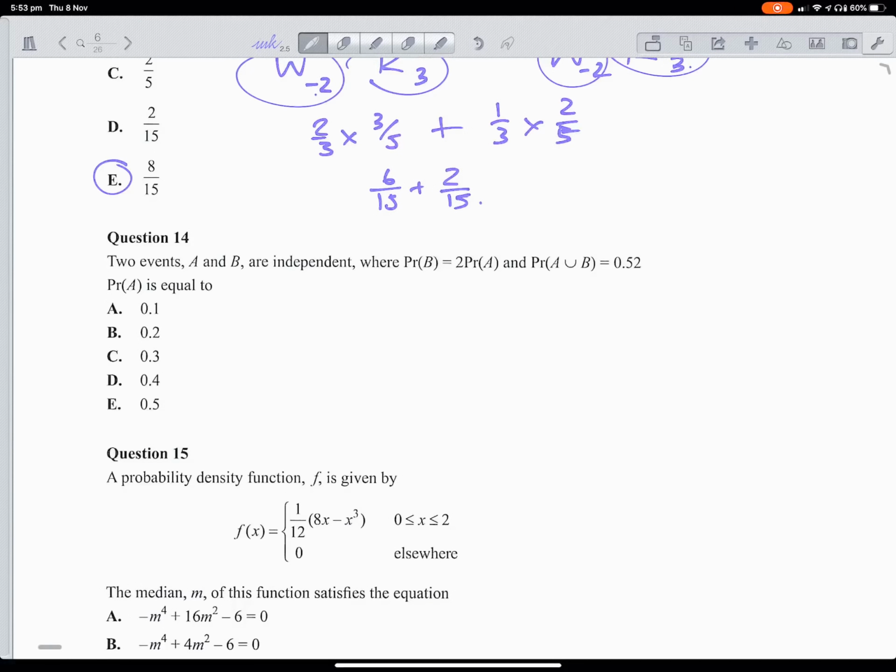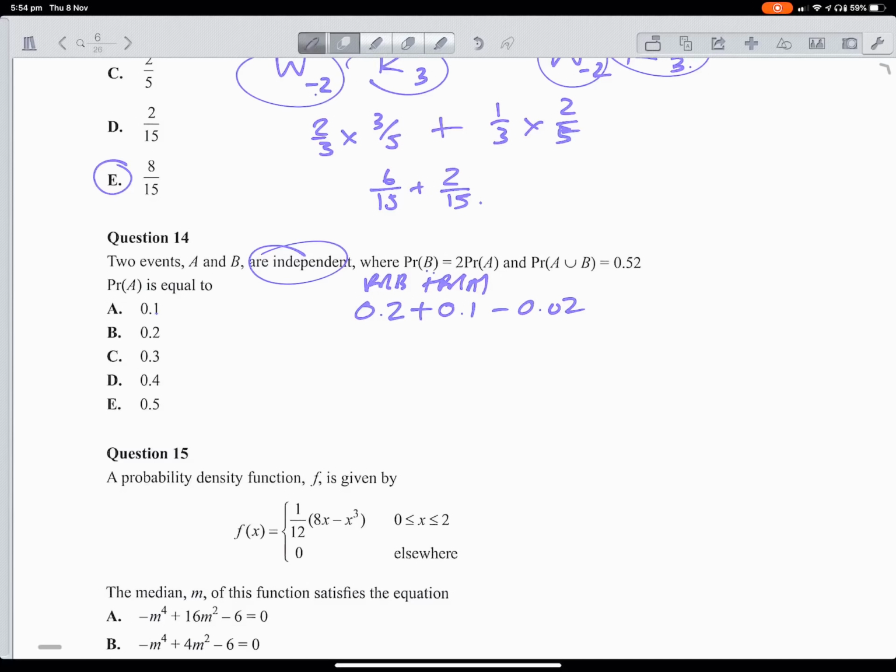Okay, two events A and B are independent. The probability of B is 2 times the probability of A. Okay, so let's start. If I had 0.1, I would have B is 0.2, so this is the probability of B plus the probability of A, that'd be 0.1. And then I'd subtract those two multiplied together, which is 0.02, which isn't going to give me 0.52.